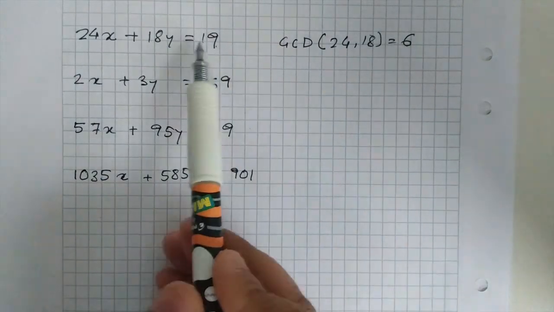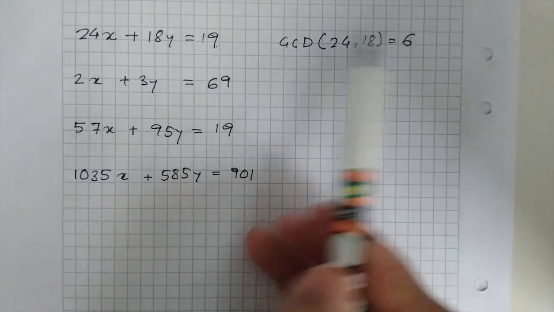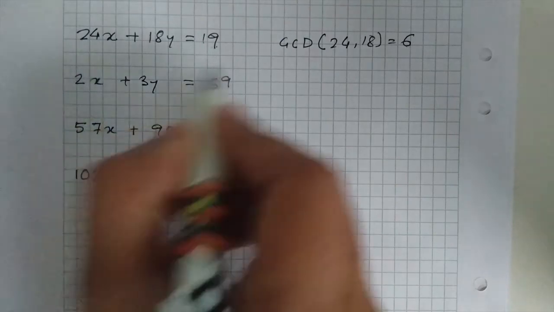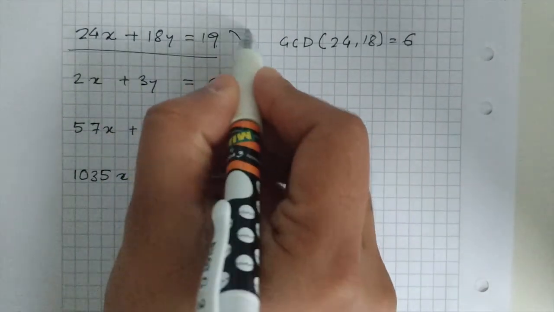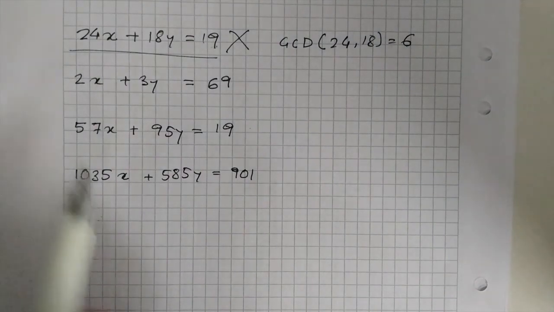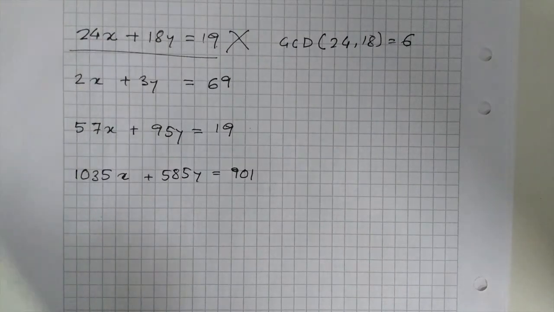But is 6 a factor of 19? 6 is not a factor of 19. 6 multiplied by 3 gives us 18, and 6 multiplied by 4 becomes 24. So 19 does not go into 6. Therefore this equation is not solvable as a Diophantine equation. That is, we will never get integer solutions for x and y.